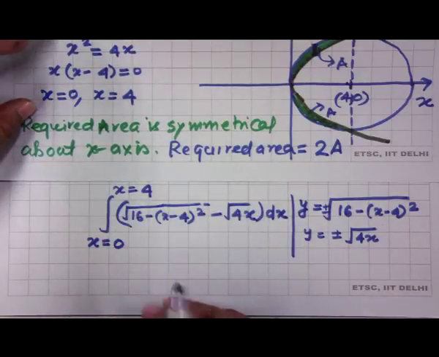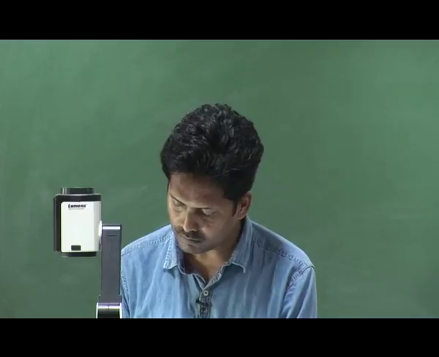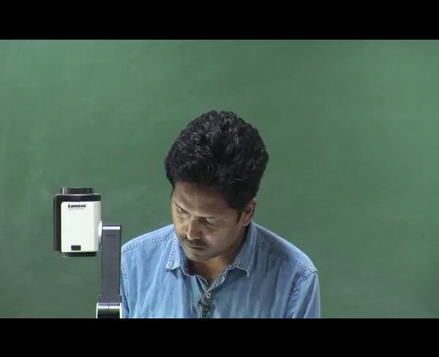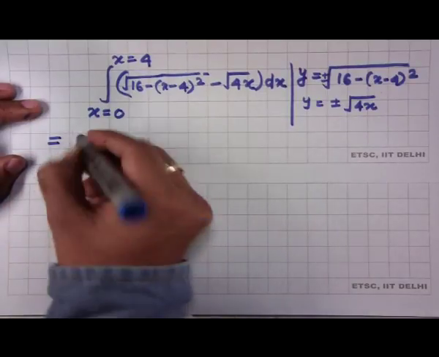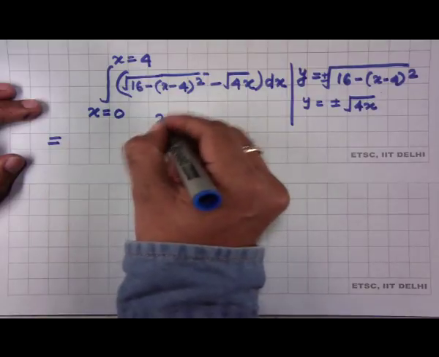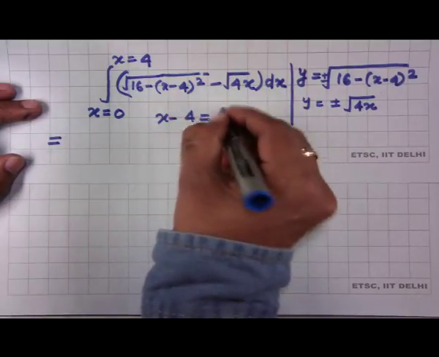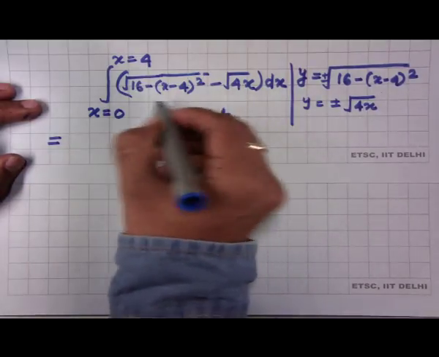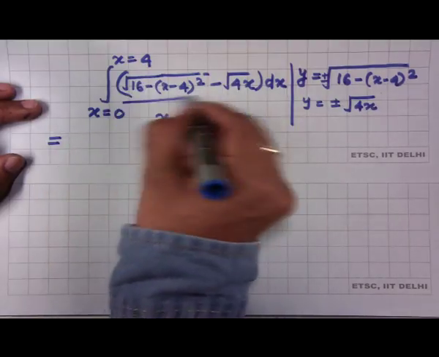Let us compute it further. So, substitute x minus 4 equals to t in this part of the integral.